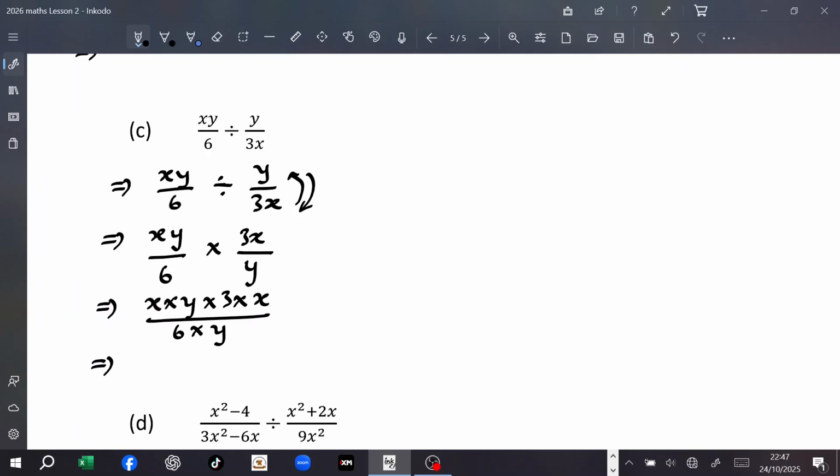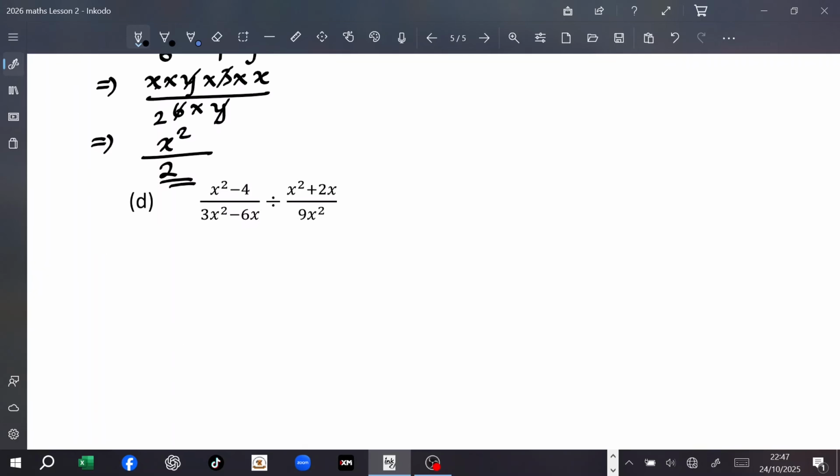See that here, you have y into y, they will go. Then 3 into 3, 1. 3 into 6, 2. So you have x times 1 times x. You have x squared over, down you only have 2. So this will be the answer, x squared over 2.